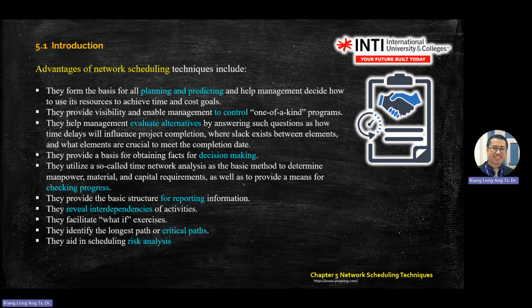Network scheduling, or schedule planning, asks you to do planning, prediction, evaluate alternative methods or solutions, and help you do decision making. So there are 4 types of decision. If you use the stage gate model, at the gate there are 4 types of decision.